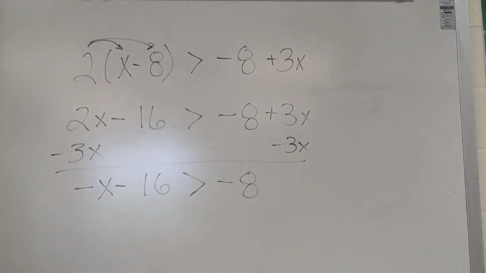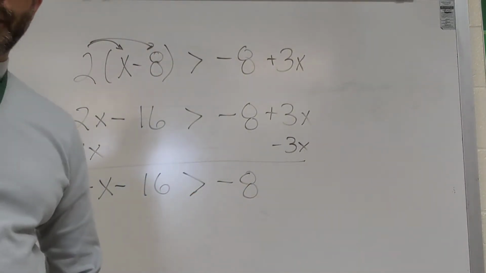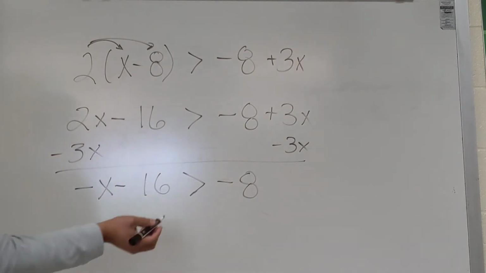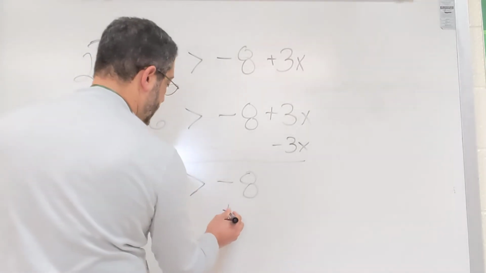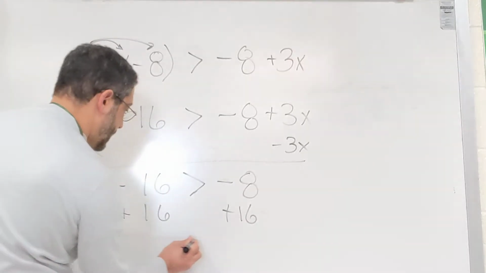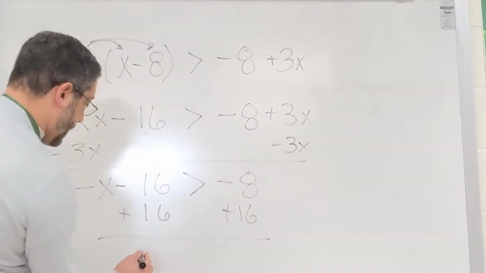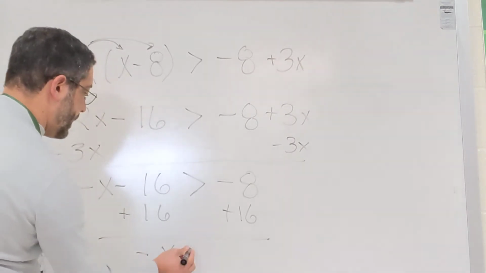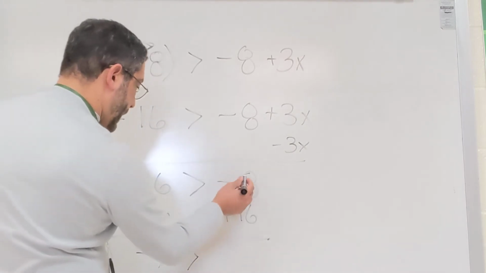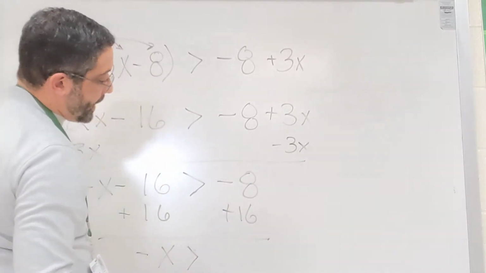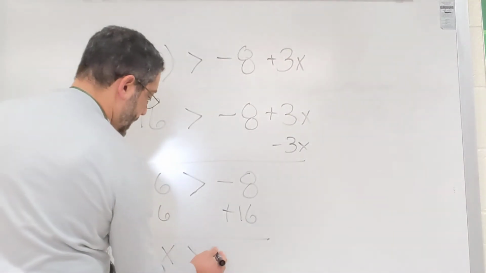And I'm pretty sure we went over last week how to get rid of a negative variable, and we'll do that in a moment. But for now, let's add 16 to both sides. So I bring down my negative x. Now, I have negative x is greater than negative 8 plus 16, which is a positive 8.